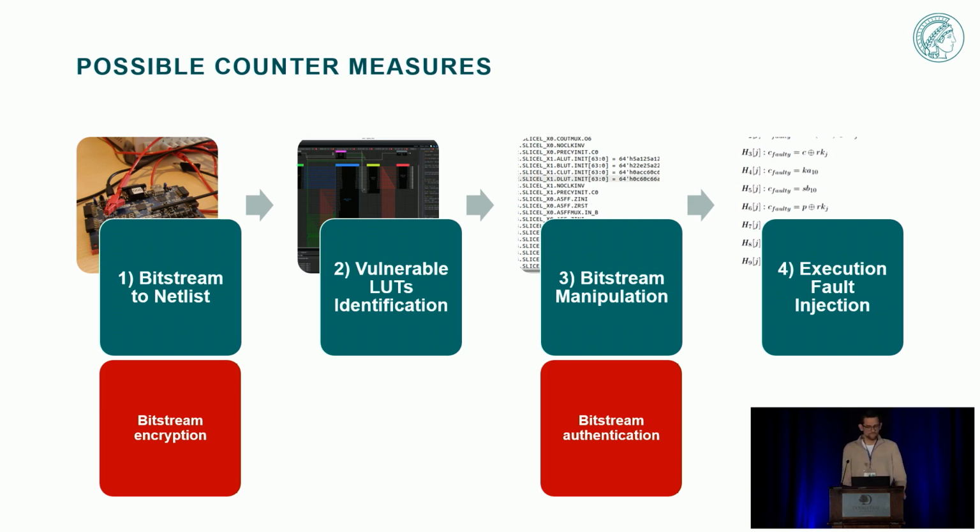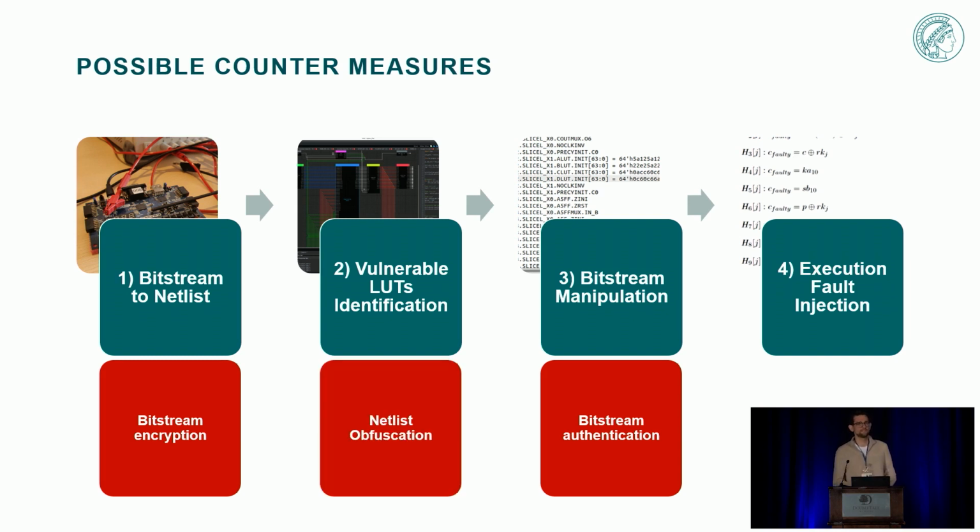So we can maybe counter the second step with some netlist obfuscation schemes. But of course, then maybe we can again come up with some other mechanisms to counter these obfuscation schemes as well. But of course, fault injection countermeasures can help here as well, so duplication or these other countermeasures.